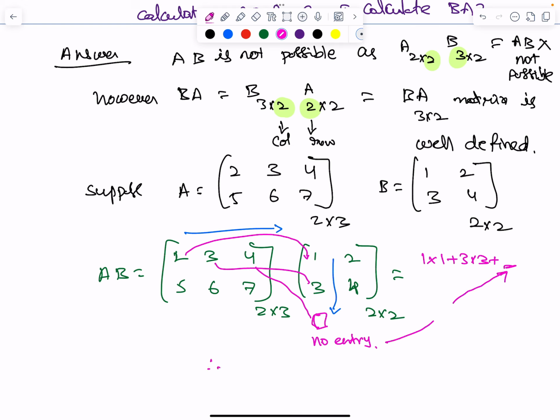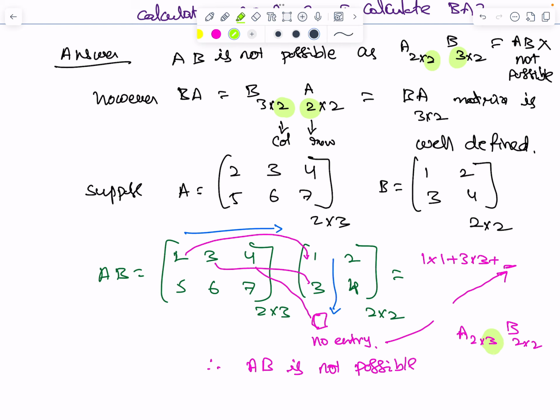Therefore, AB is not possible. Also, you can see A is 2 by 3 and B is 2 by 2. These two are different. Both numbers are not the same.